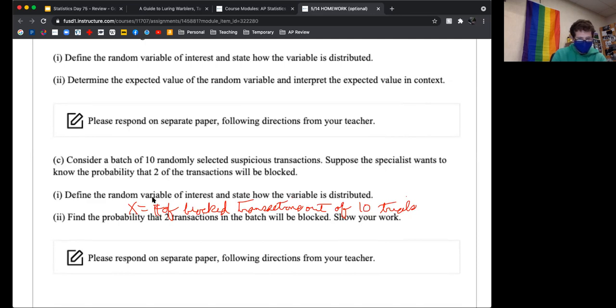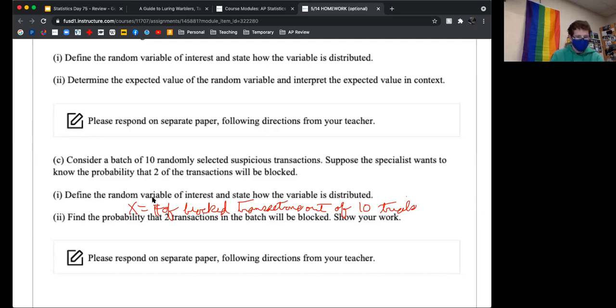Okay. Now, what kind of distribution is this? It's going to be close to normal, but not normal. It's not t either. Binomial. You got it. It's binomial.